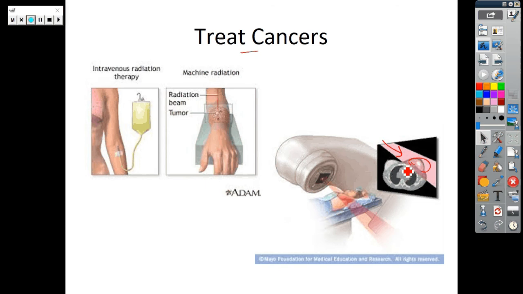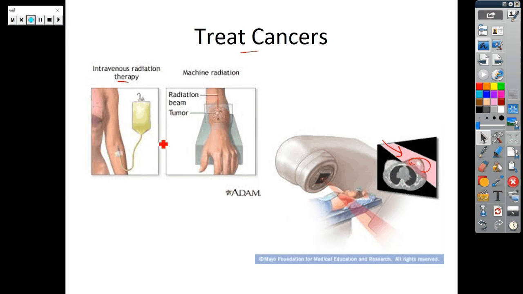Now, if you don't have a localized cancer, if you've got some sort of lymphatic cancer with tiny tumors spread throughout the body that you can't really treat effectively with this technique, then you may get some sort of intravenous radiation therapy where they actually put a dangerous radioactive isotope in there to try to treat that tumor.